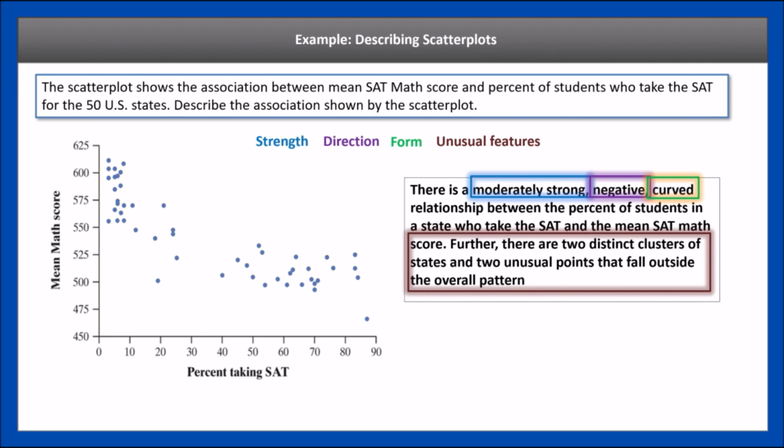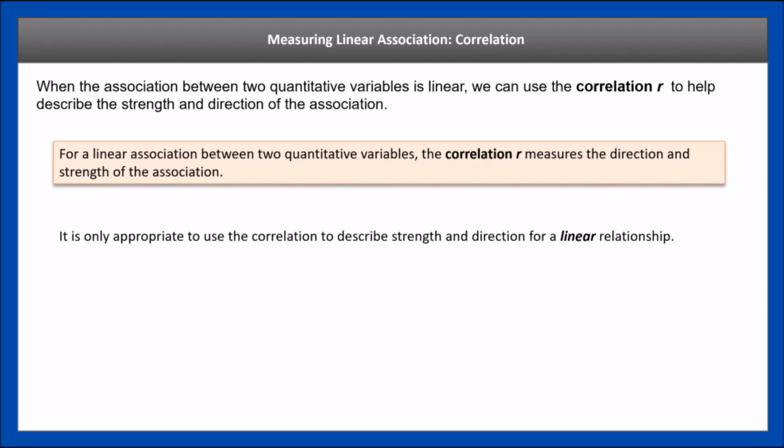All right, so hopefully that made sense. When the association between two quantitative variables is linear, we want to use something called the correlation coefficient, otherwise known as the correlation for short. The symbol for that is r. If you have an association that's a line, remember the previous example was not a line, it was a curve.